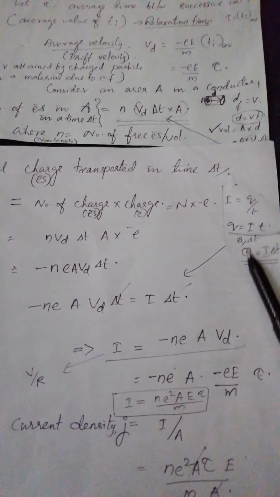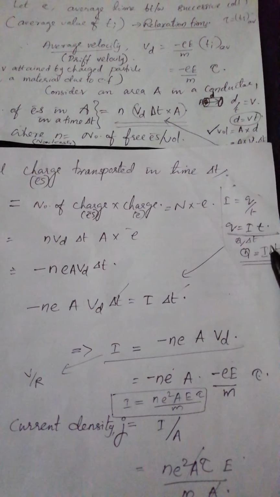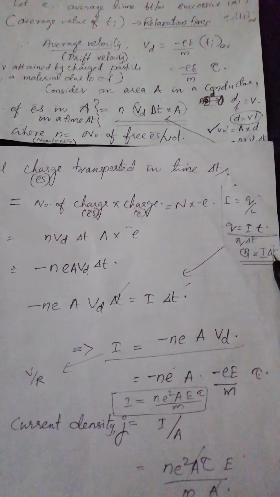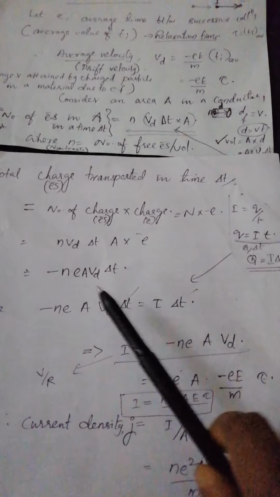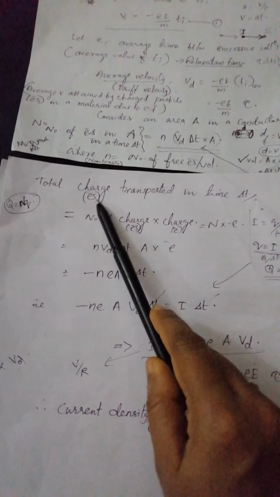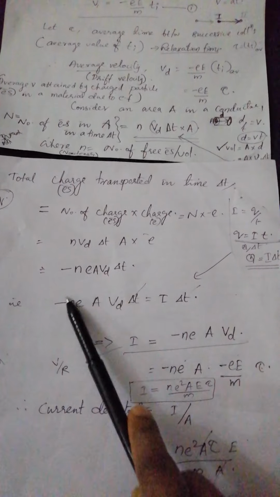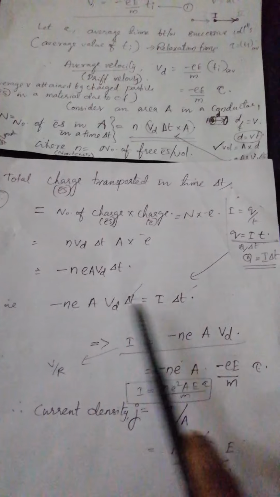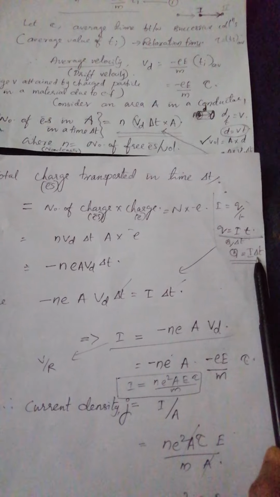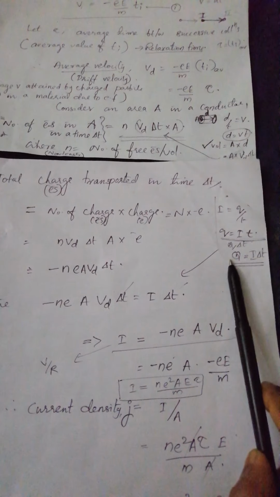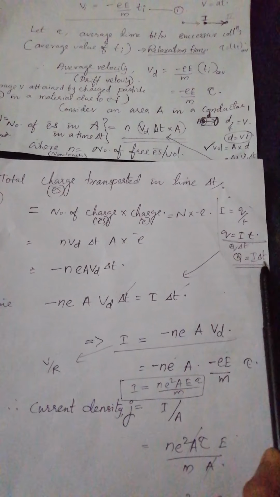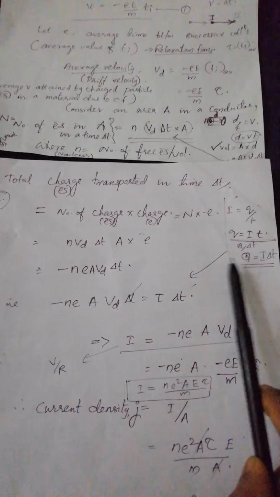Here the total charge flowing within a time delta t is q equals I into delta t. So instead of this, we can write I into delta t as the total charge flowing through the conductor within a time delta t.